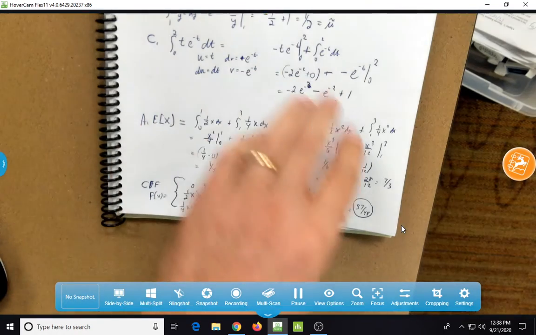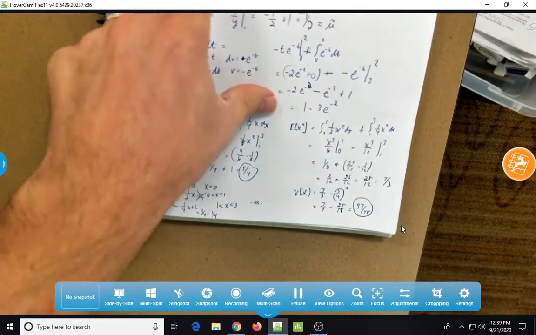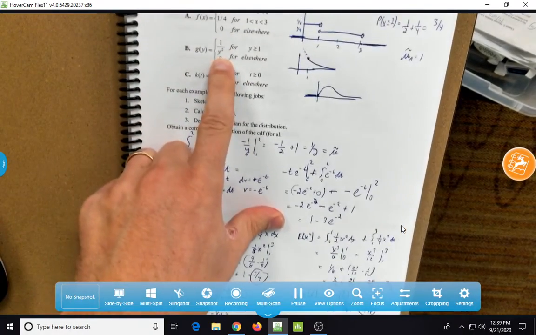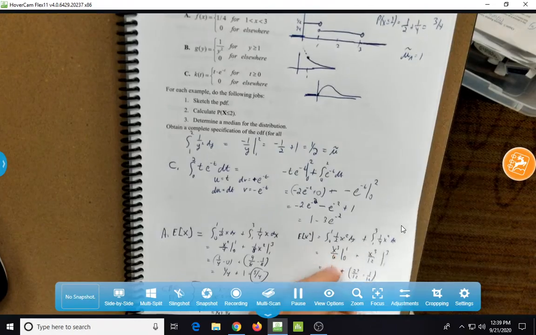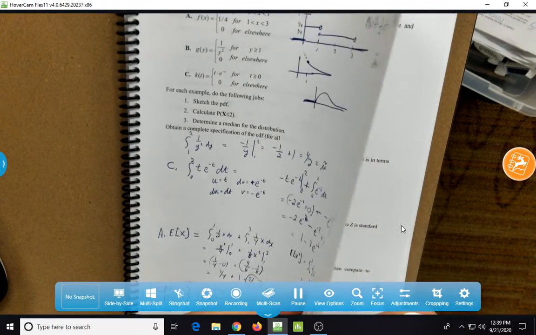All right, let's take a look at this one, 1 over y squared. Let's find its mean and variance. There's something interesting about this function.